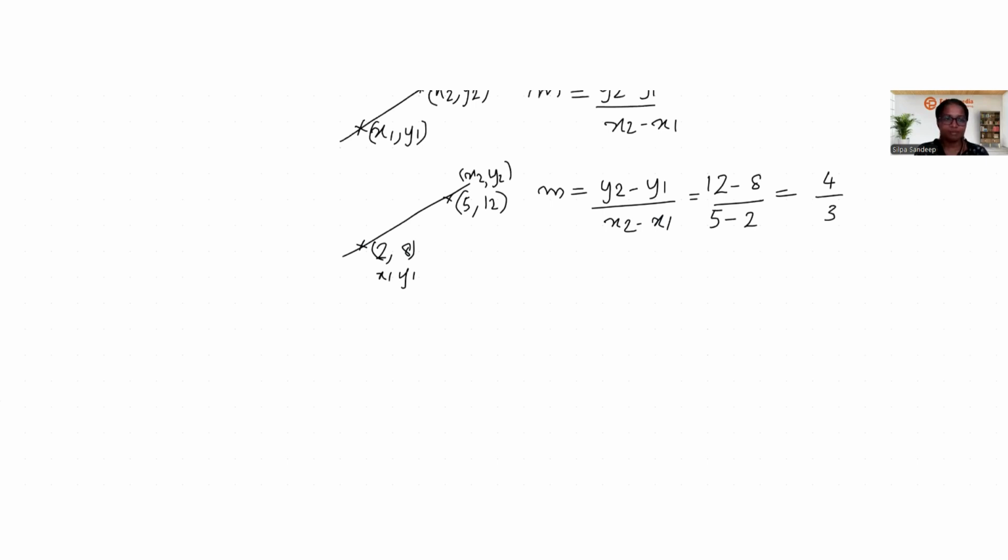Okay, another example. Suppose you have a line like this. Let it be negative 4, 10. Next point, negative 1, 5. We can take the first point as x1, y1 and the next point as x2, y2.